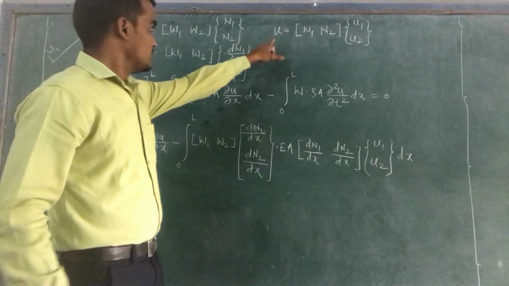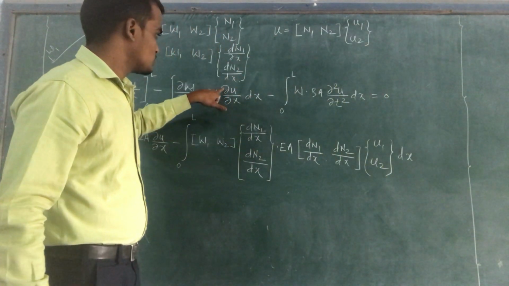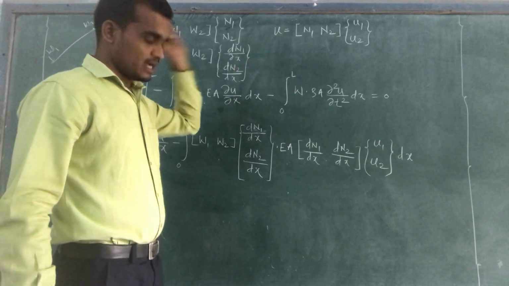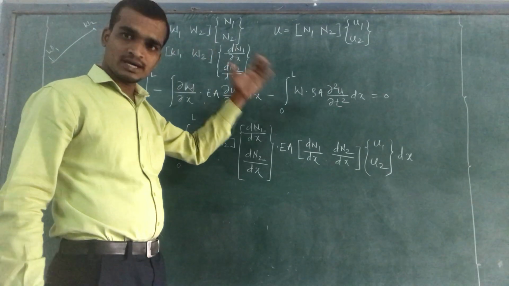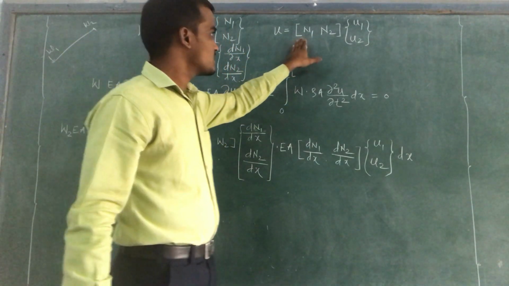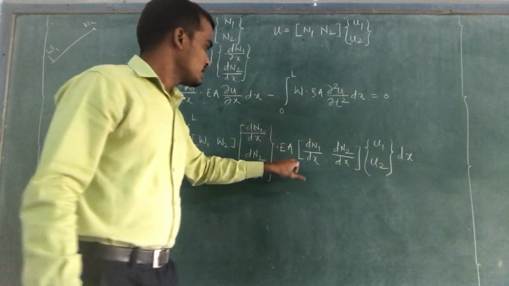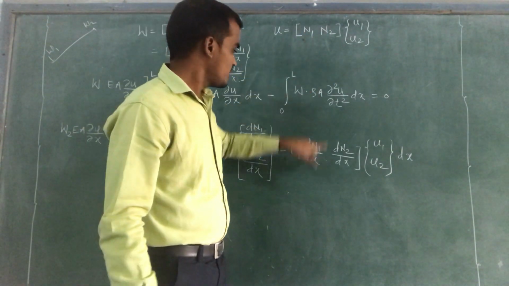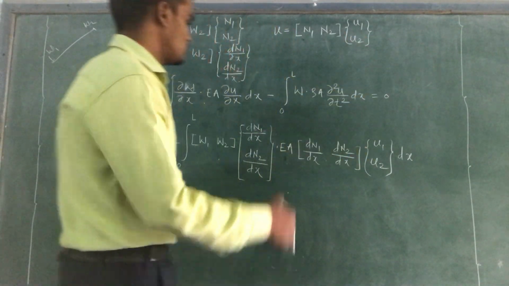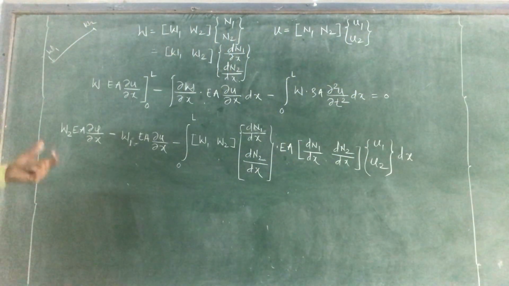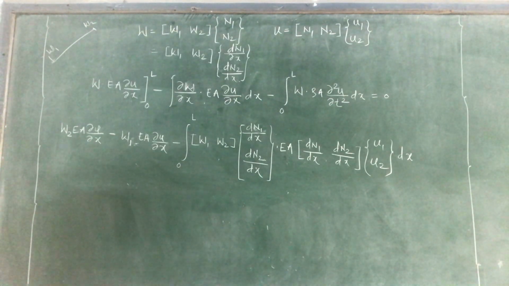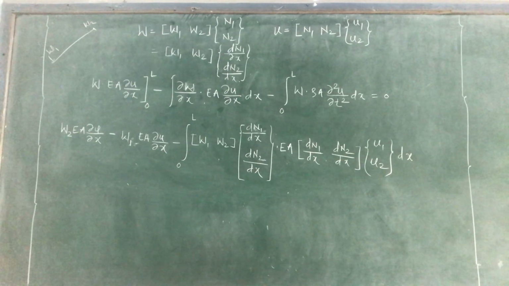So instead of ∂u/∂x, but u is a function of N1 and N2, and N1 and N2 are functions of x, we can write EA into [dN1/dx dN2/dx] into [u1 u2] dx. Okay, so this term can be replaced by this.